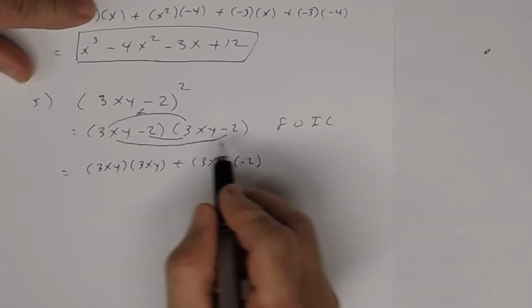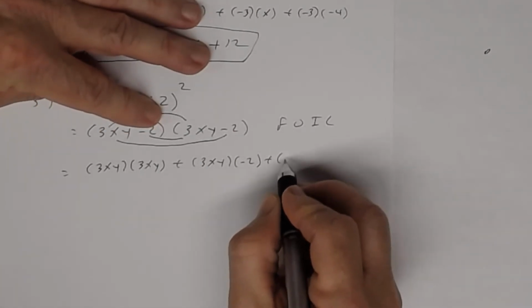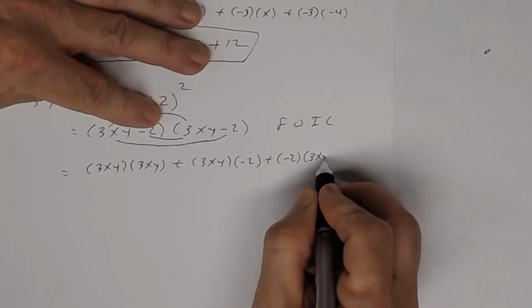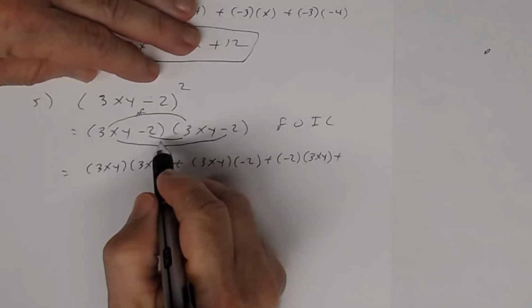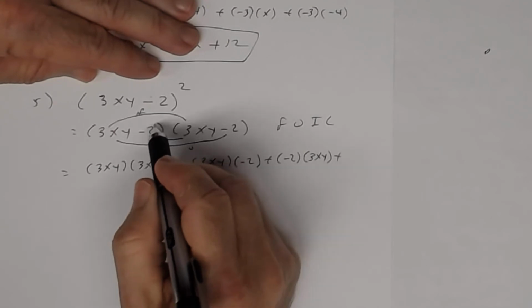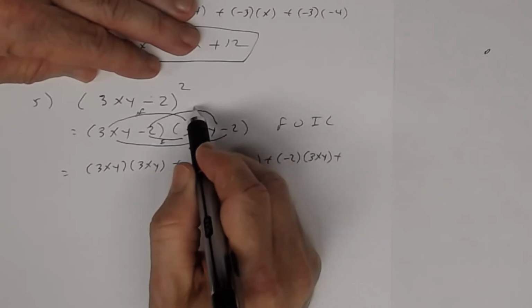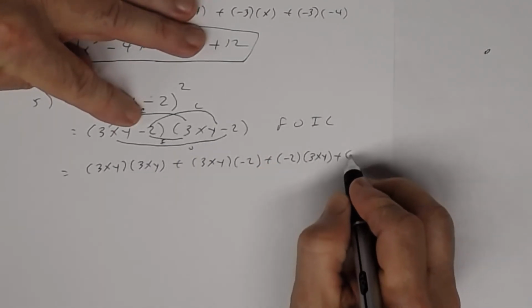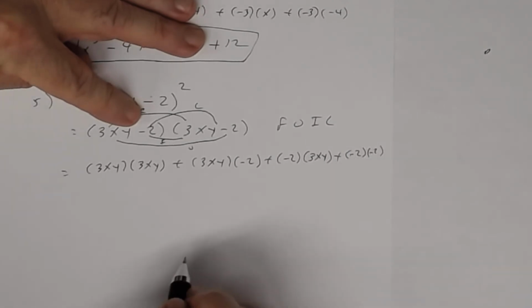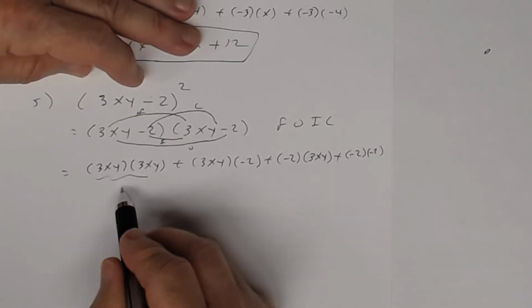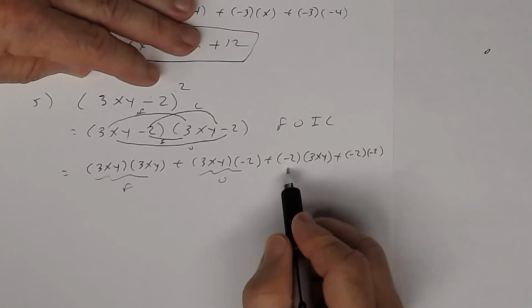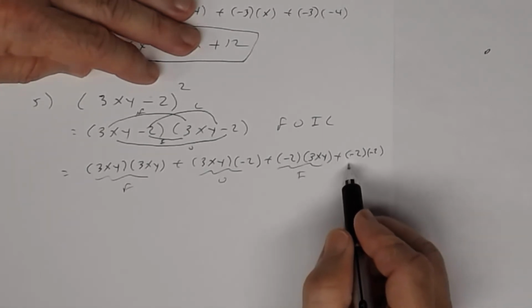Then the terms on the inside, plus a negative 2 times 3xy. And then the last terms of each binomial, plus a negative 2 times a negative 2. Okay, first, outer, inner, and then last.